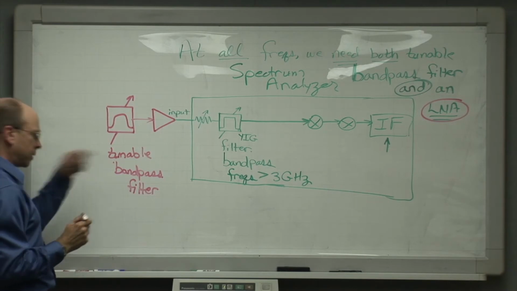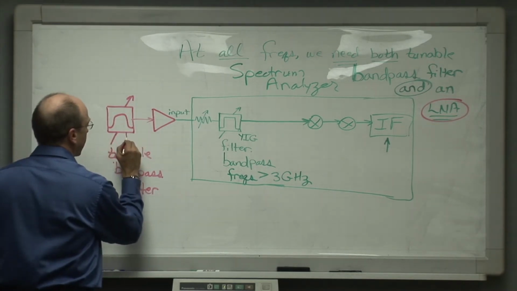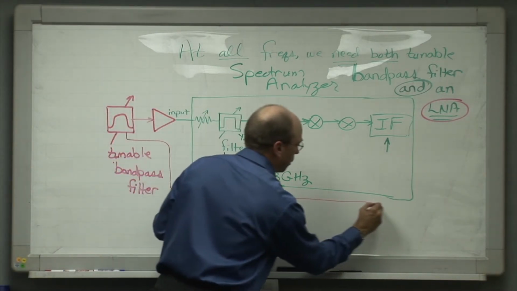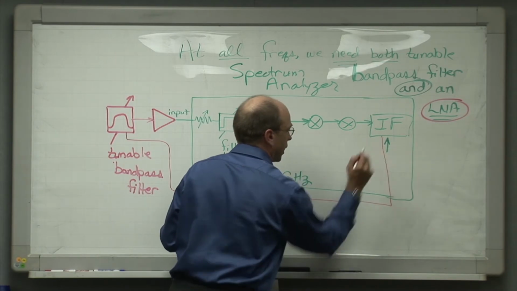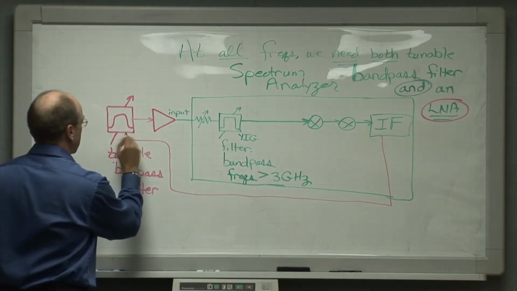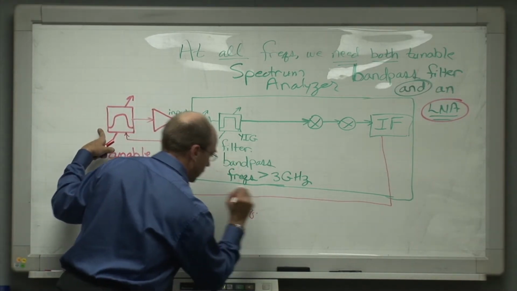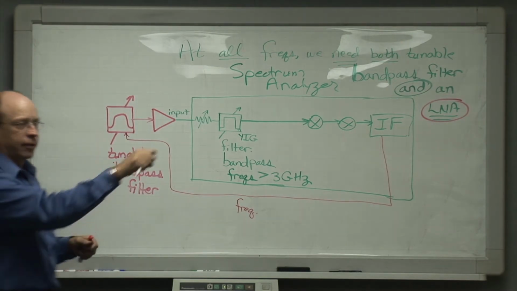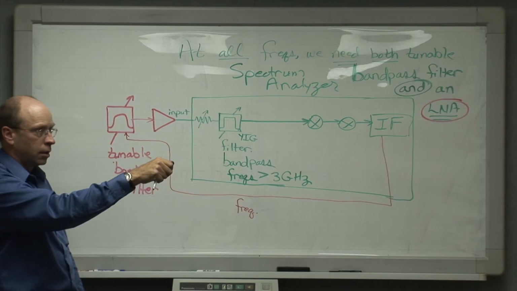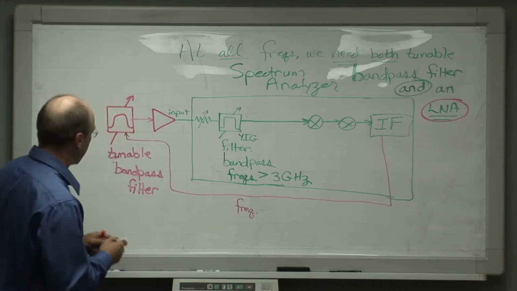Oh, and because it's tunable, what are we going to have to do? We're going to have to connect it via some kind of logic line back into the spectrum analyzer so that it knows what frequency we're tuned to. Unless you want to sit here with a manual filter for about 6 hours, or however long the measurement takes, which you don't want to do.